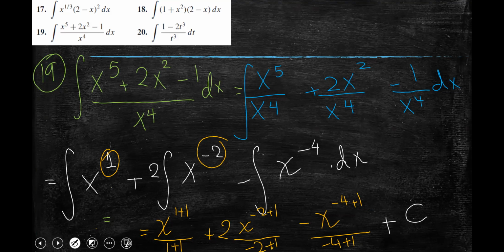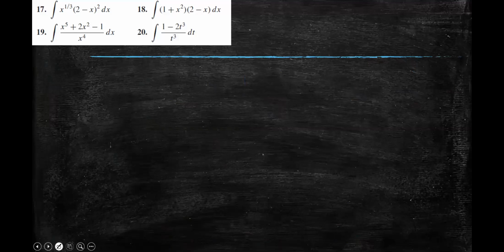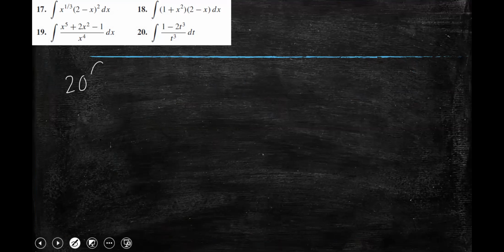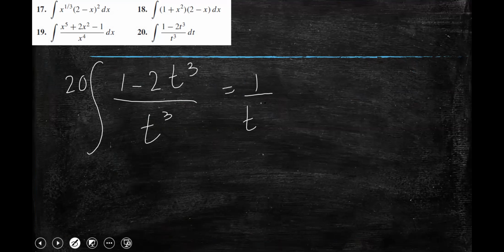Let's solve number 20 now. In number 20, I will give you the idea. Here, you have 1 minus 2t cubic over t cubic. As we did in 19, I will do in 20. I will use the distributive property: 1 over t cubic, minus 2t cubic over t cubic.